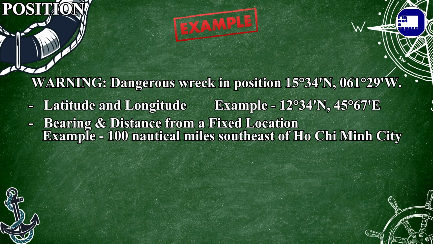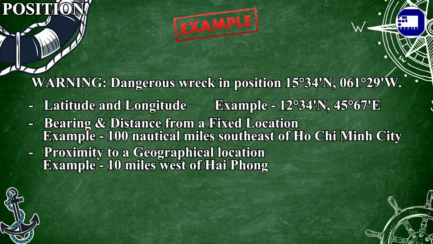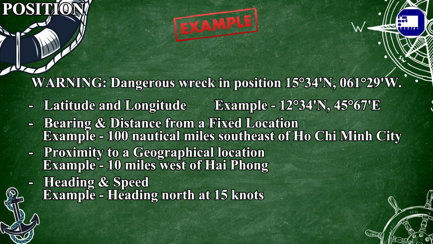Bearing and distance from a fixed location. Example: 100 nautical miles southeast of Ho Chi Minh City. Proximity to a geographical location. Example: 10 miles west of Haiphong. Heading and speed. Example, heading north at 15 knots.